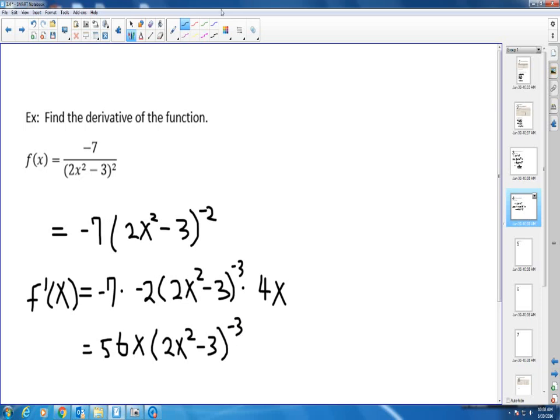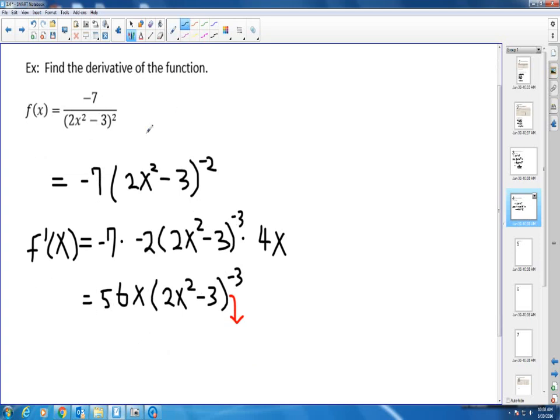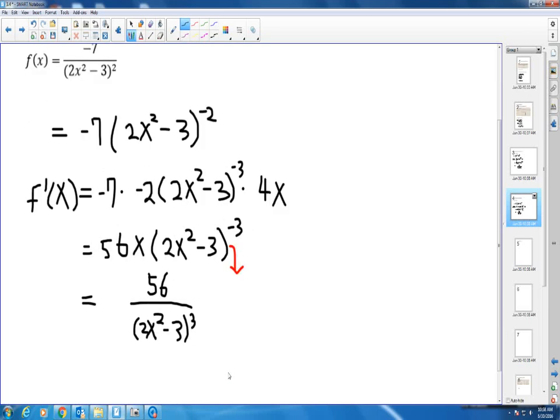And I'm going to flip this negative third power to the other side of my fraction. So my 56x stays on top over 2x squared minus 3, the whole thing to the third power. Okay, and that would be it.